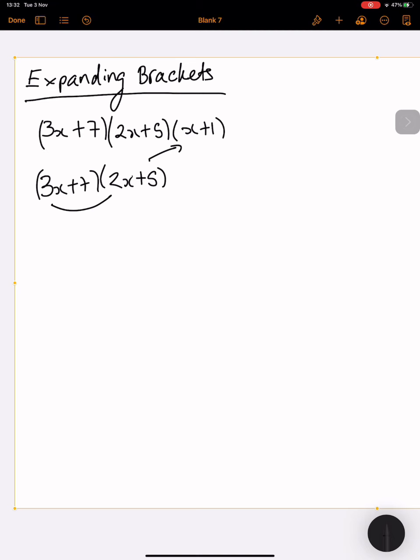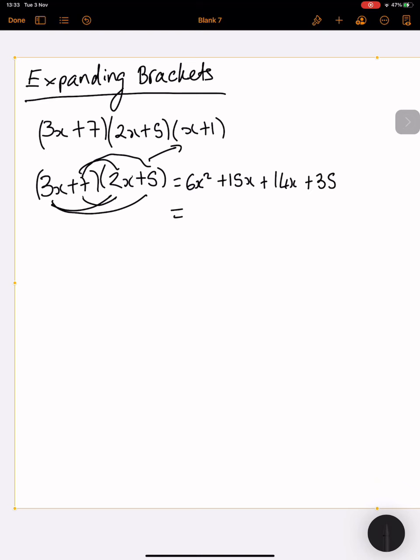So 3x times 2x is 6x squared. 3x times 5 is 15x. 7 times 2x is 14x, and then 7 times 5 is 35.